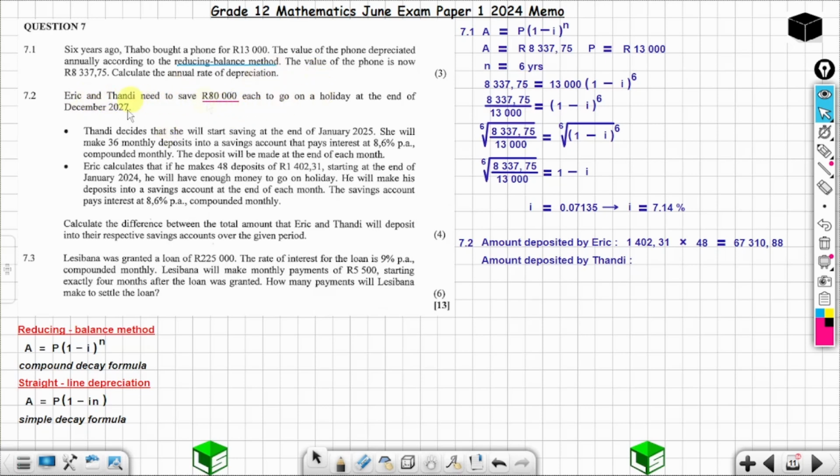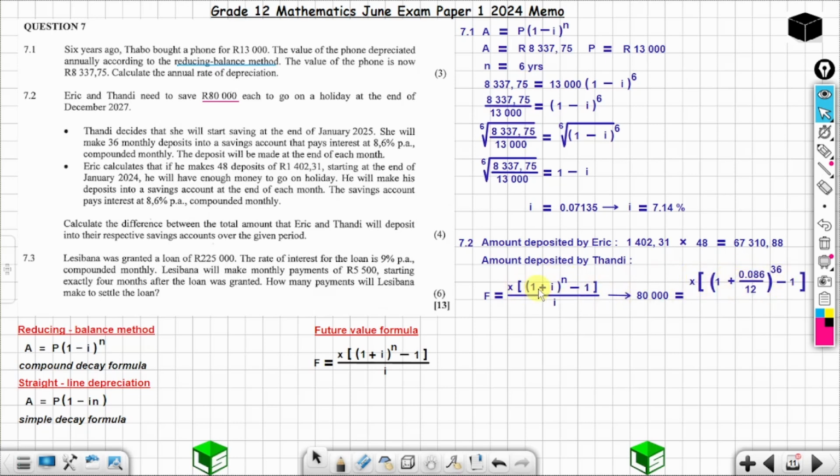So to find the monthly deposit for Tandy, we are going to use the future value formula. We are going to use this formula. So we have F is equal to X times, in brackets, 1 plus I. You divide I by 100 and then by 12 because it is compounded monthly.